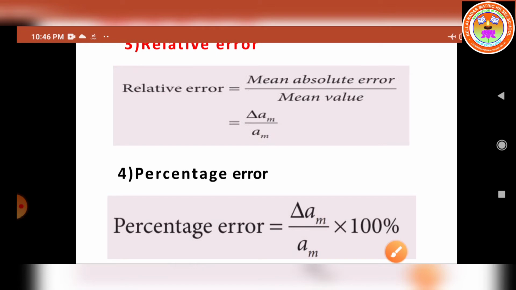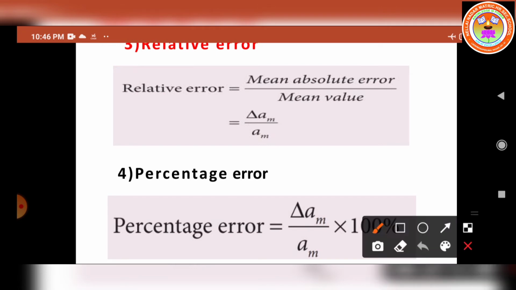The fourth type is percentage error. The relative error expressed as a percentage is called percentage error. So the percentage error, we can write, this is taken as a relative error. The formula is delta A suffix m by A suffix m, and we have to write it times 100%.